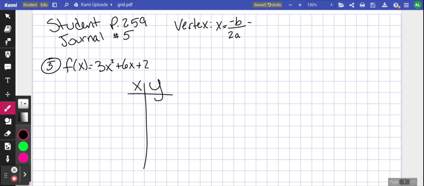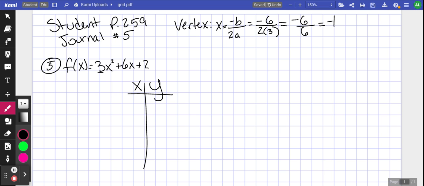The opposite of 6 is -6, all over 2 times a. Here a is 3. So -6 over 2 times 3, which is -6 over 6, and simplifying one more time gives -1.